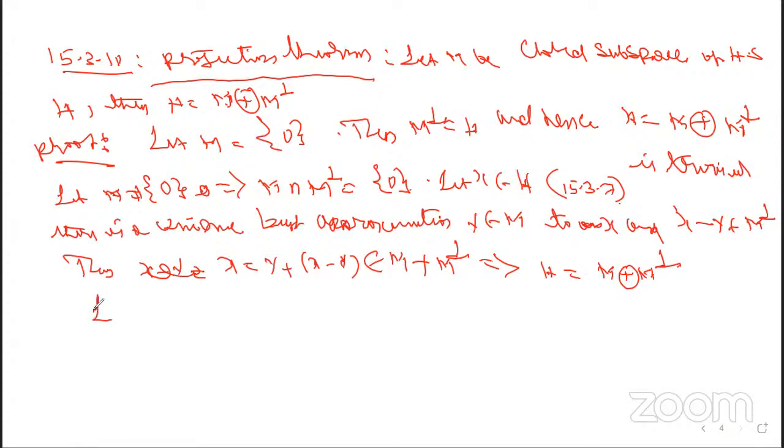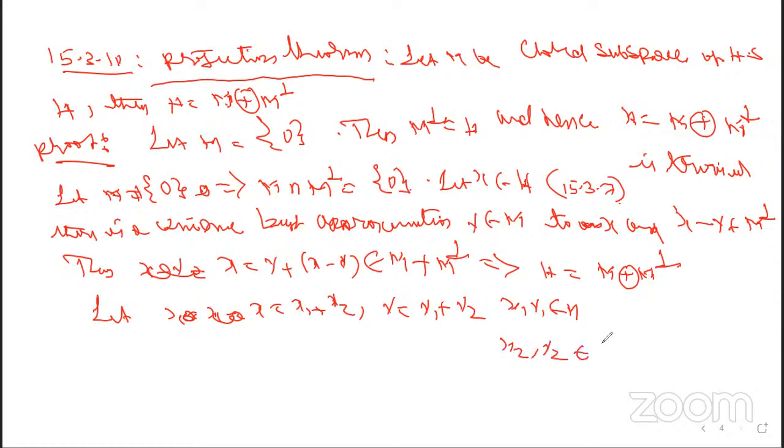So suppose x equal to x1 plus x2, y equal to y1 plus y2, where x1, y1 belong to capital M, x2, y2 belong to M perpendicular. Then x1 equal to y1, x2 equal to y2.